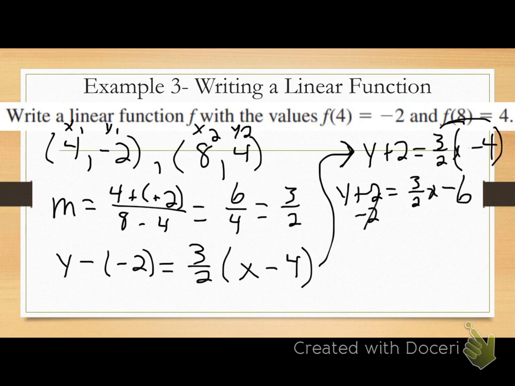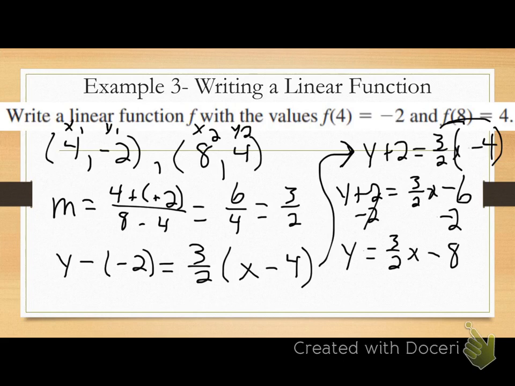Subtract 2 from both sides. Y equals 3 halves x minus 8. So here's the reason I wanted to put it in slope-intercept form. Let's think about what it's asking. It wants to write a linear function f with the values f of 4 equals negative 2 and f of 8 equals 4. So what do I need to do to get my final answer?